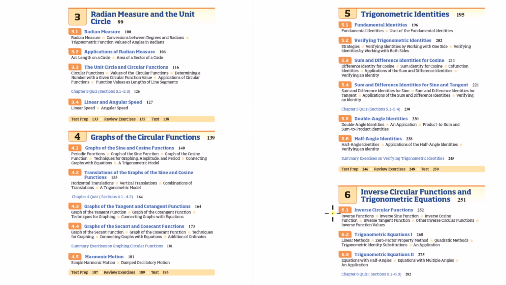Okay, so in this video, we're going to go through the opening section, which is on the inverse trig functions, and then the next two sections are on trigonometric equations. So we learned how to solve different types of equations in algebra: linear equations, quadratic equations, logarithmic, exponential, absolute value equations.